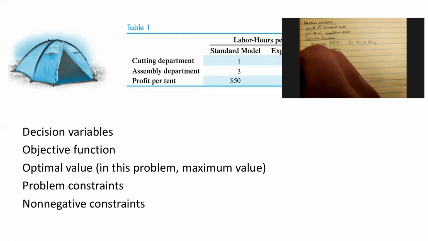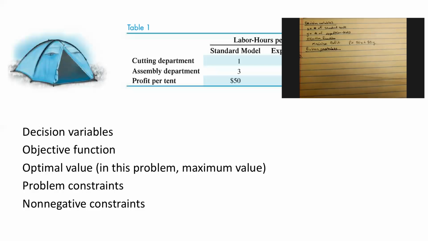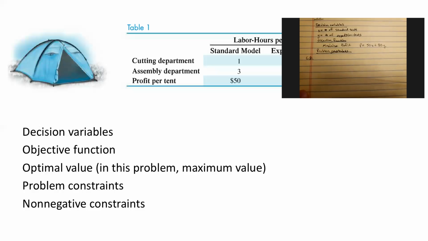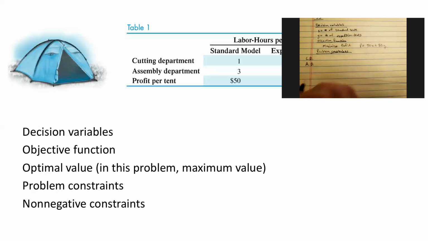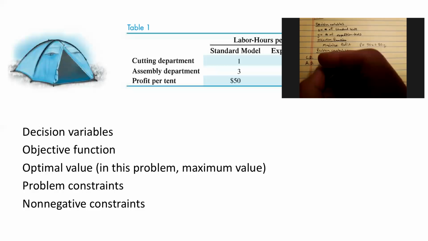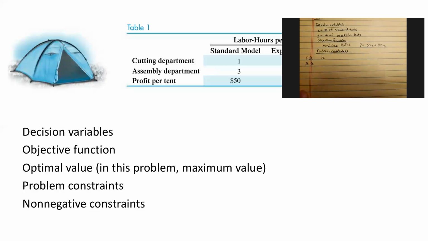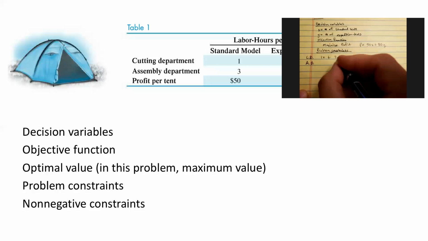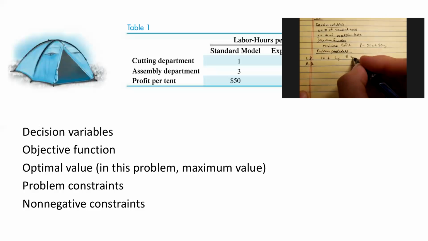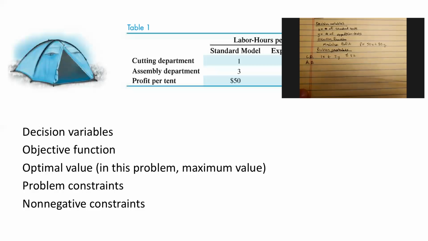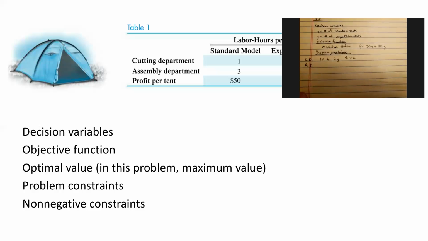So we might have CD for cutting department, and AD for assembly department. In the cutting department, we spend 1 hour for the standard tents and 2 hours for the expedition tent. And we have a maximum of 32 hours available, which means we have to work less than or equal to 32 hours.